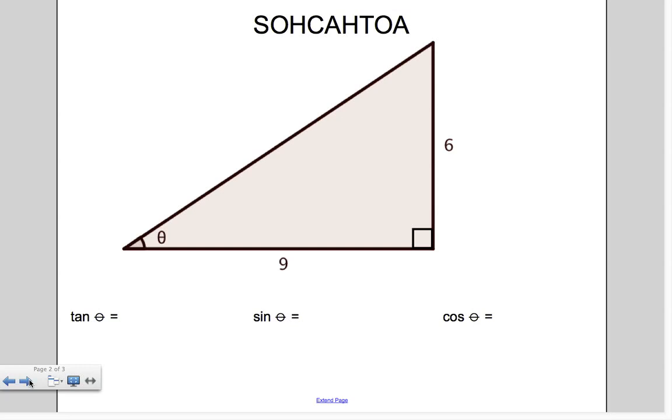So we did our a squared plus b squared is equal to c squared. This was the square root of 117. I think Eric said that we could simplify that. If we reduce that to, was it 9? It's 3 root 13. Okay, so we know the length of that side.